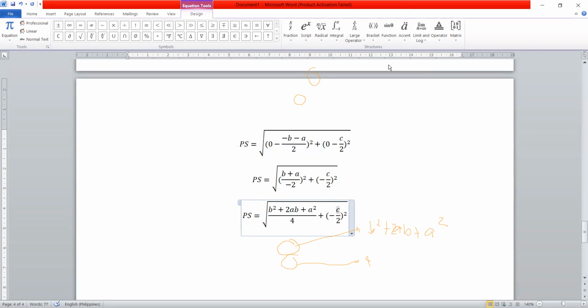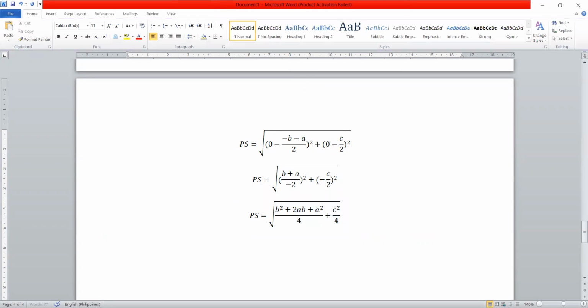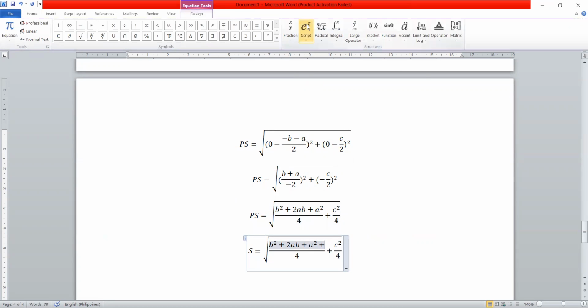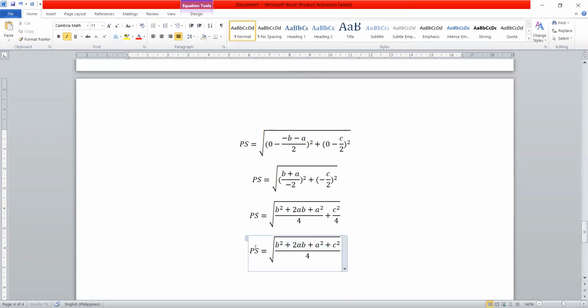And then this one, still the same, it's c squared over 4. So you have there the same denominator, so just combine your numerators. So plus c squared and omit this one. So there you have it.